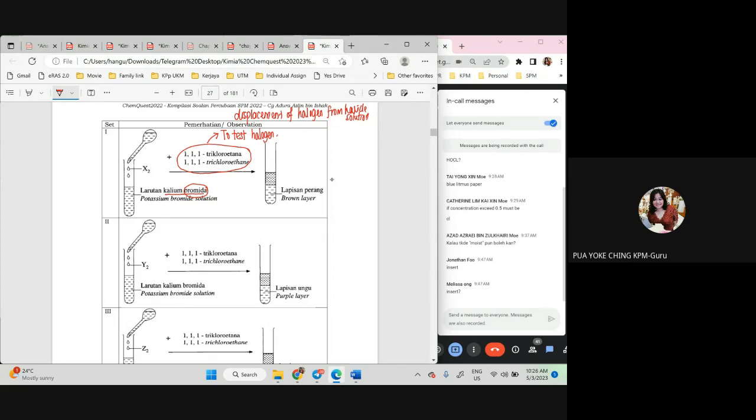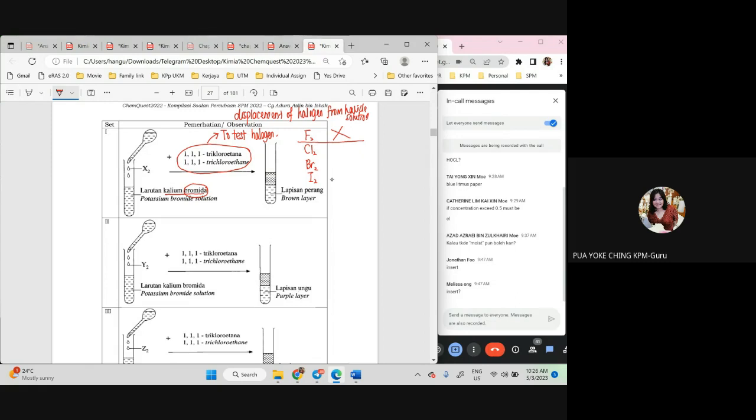Okay. So, kita ada fluorine, chlorine, bromine, iodine. Okay. Kita tak akan buat eksperimen pakai fluorine. Sebab dia terlalu reaktif, terlalu electronegative. So, don't choose fluorine. SPM pun reject. Okay, jangan pakai fluorine. Start from chlorine sahaja. Sebab dalam makmal tak ada fluorine.